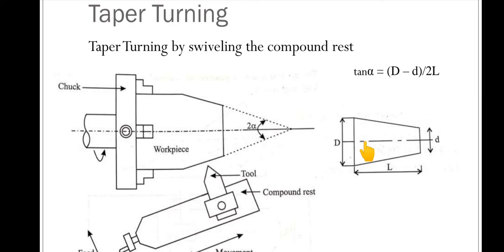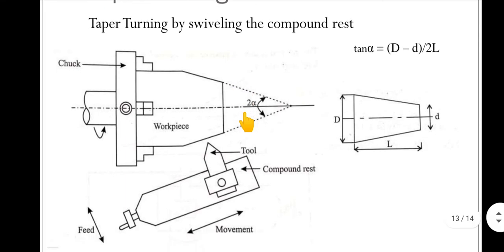In this we have the compound rest swiveling method, tailstock offset method, and taper turning attachment by using form tool. So there are various methods where you can get the taper. You can see here, this is the taper section of the workpiece obtained. For your syllabus, two methods are there. One is swiveling the compound rest, one more is the tailstock offset method. Okay, let us see here.